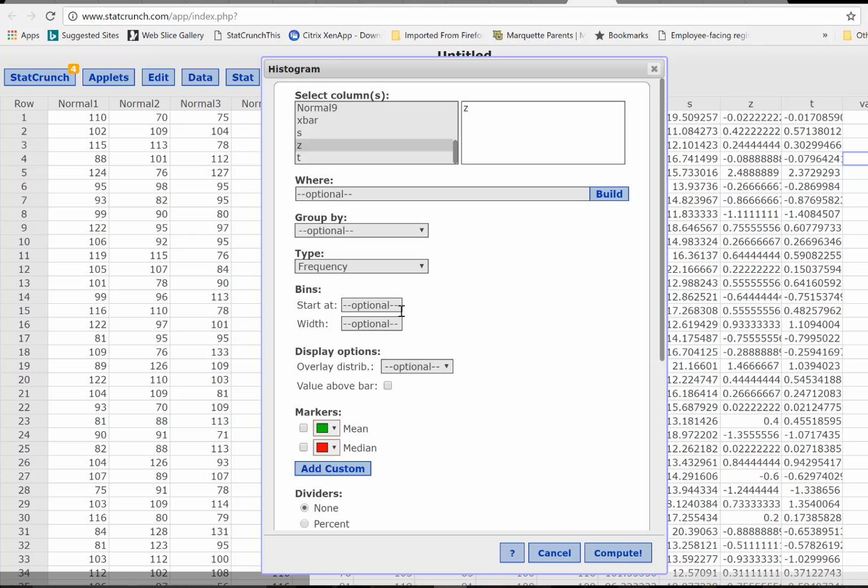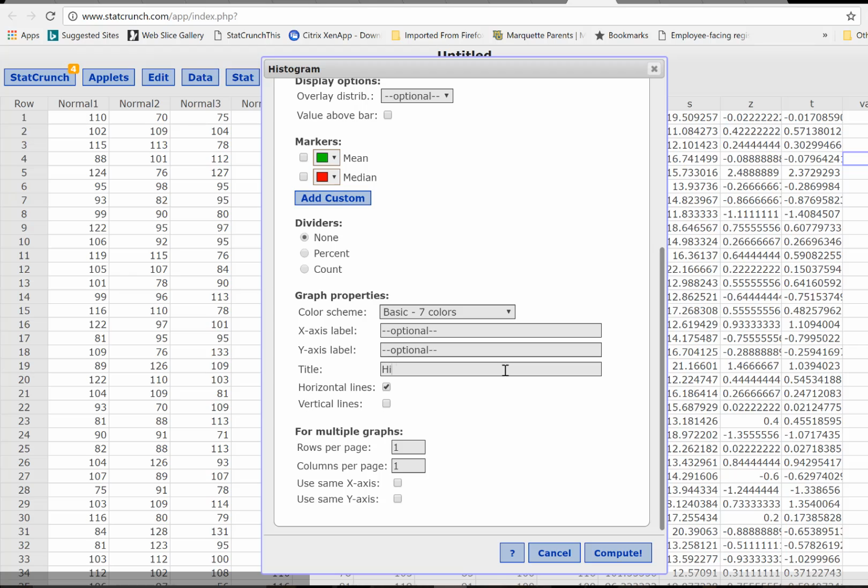I also am going to make sure that both graphs look similar to each other. So I'm going to bin this so that each graph starts at -5 with a class width of 0.25. And so this is going to be the histogram of Z.